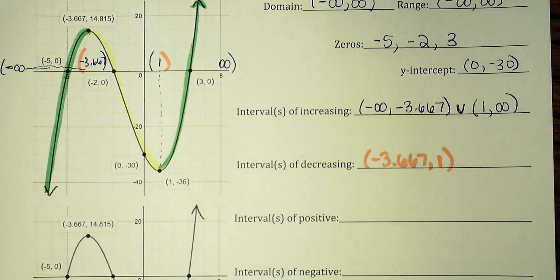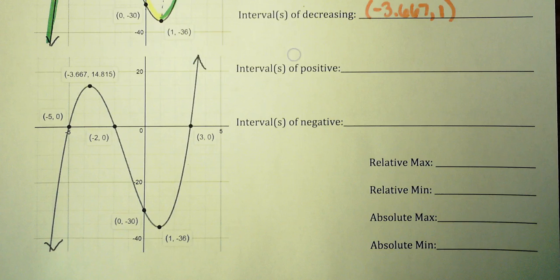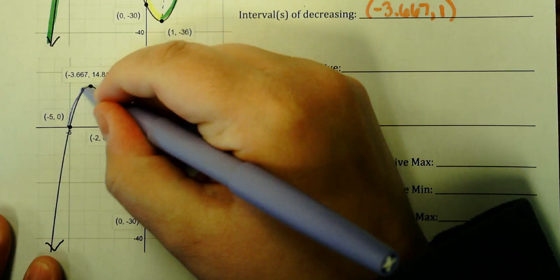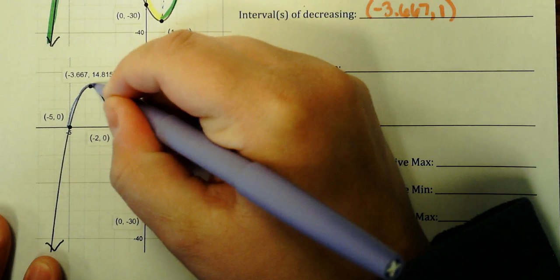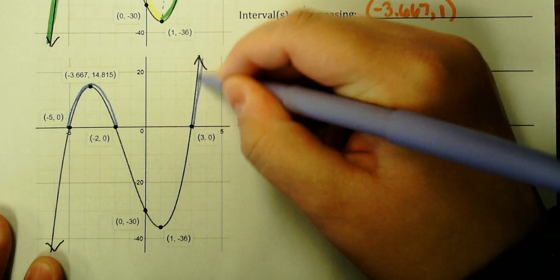Okay, now I just repeated the exact same graph, so it's exactly the same picture, but I like to do positive, negative, and increasing, decreasing on a different picture so it's easier to see. Positive is any interval where the graph is above the x-axis, so right here and right here.